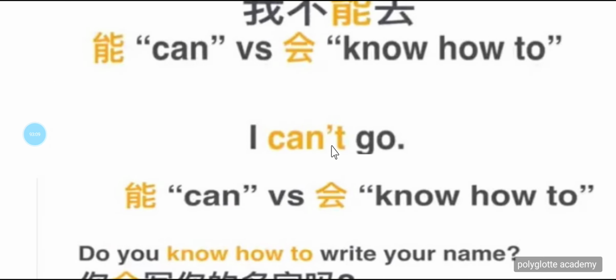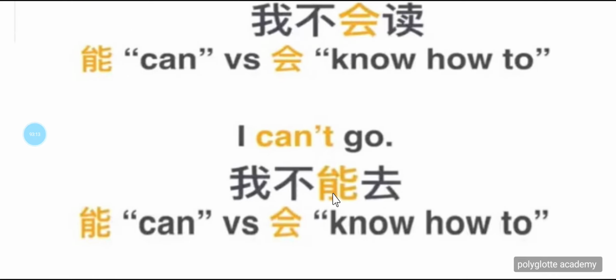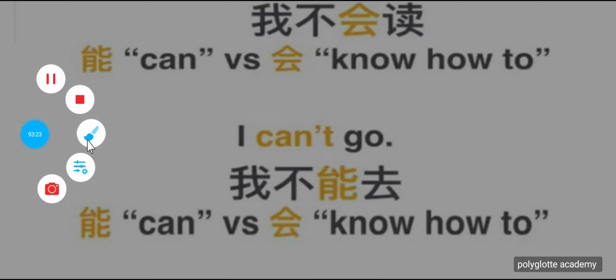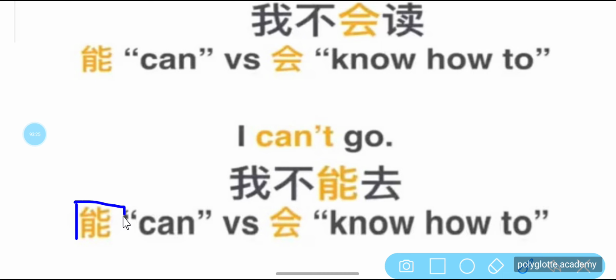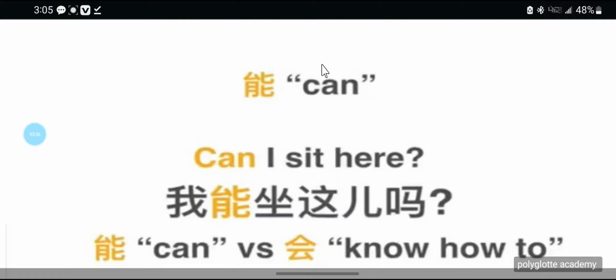So please make sure you go through the video again and again, even more than 5 times. You can even watch the video 20 times so that you fully get the concept and easily grasp the knowledge behind neng and hui. Very, very important. 非常好. So this is the lesson.